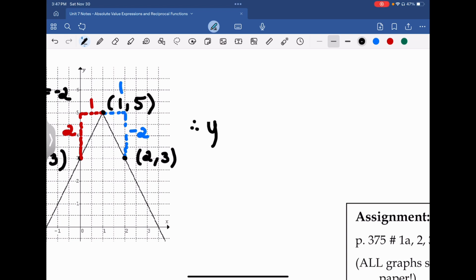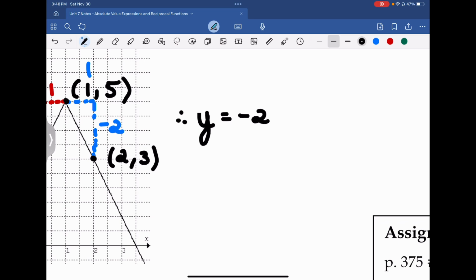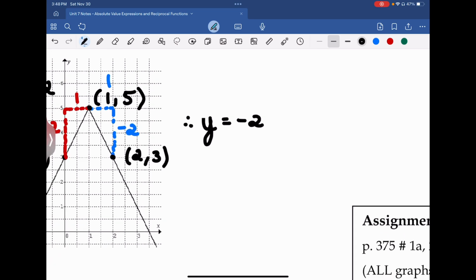Therefore, y is equal to the slope, and we want to consider what would be the potential first one here. If the absolute value graph faces downwards like this, it means that the original stretch factor was negative, meaning our right hand side determines this overall slope.